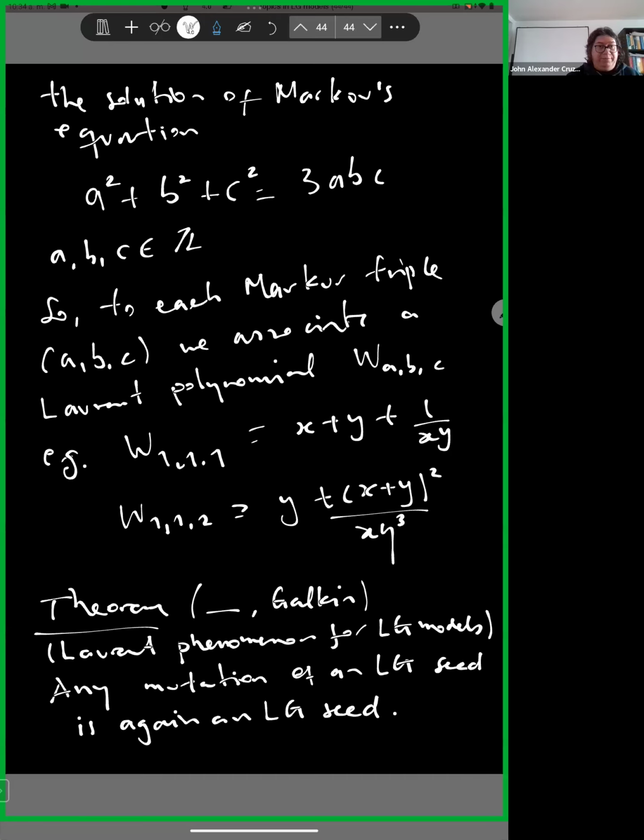And this is for Landau-Ginzburg models. So let's go back to the example we have here for CP2. For CP2, we get this polynomial. Let me call it W_{1,1,2}.